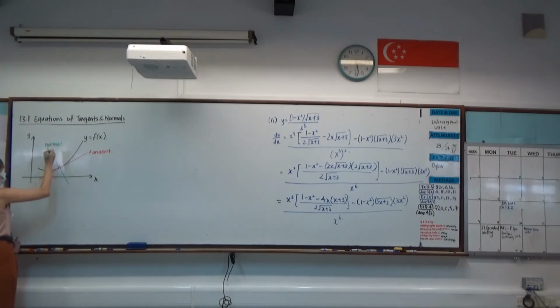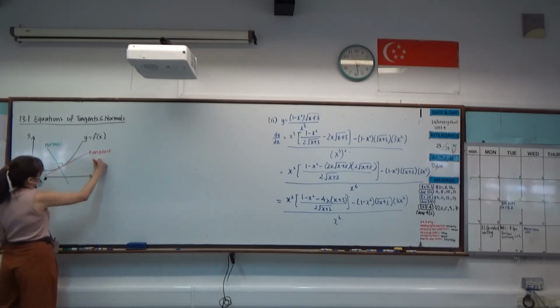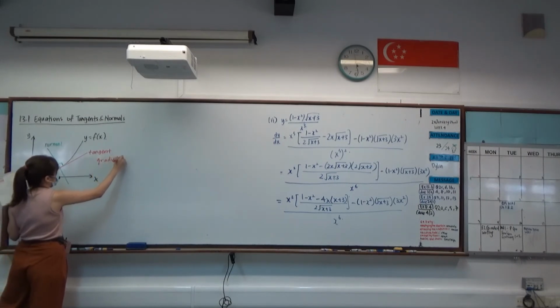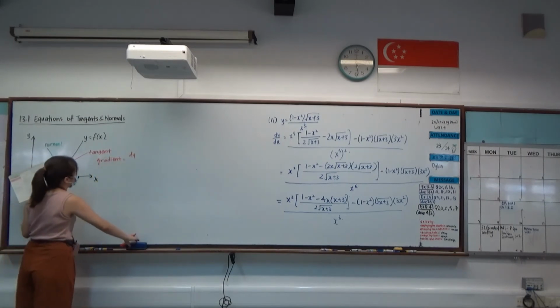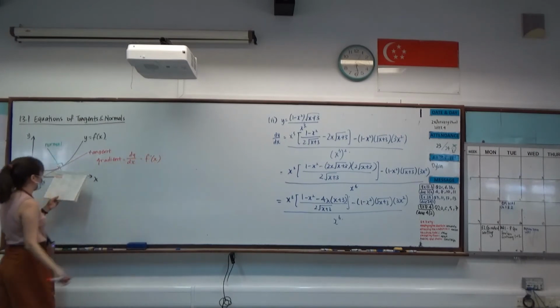Okay, a normal is where it is perpendicular to the tangent. So, the gradient of the tangent, we have actually earlier talked about it, and that is dy over dx, or in another notation our f prime x.